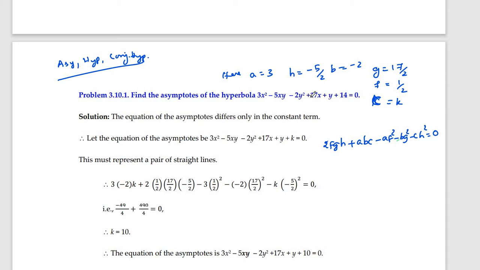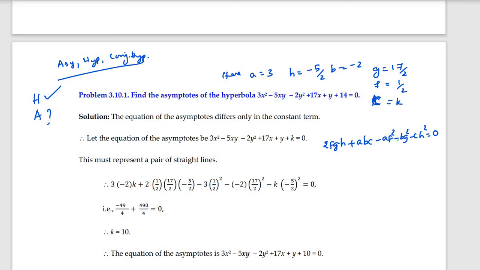So you know that a hyperbola differs from its asymptotes only by a constant. So we will write the required asymptotes of the hyperbola. First be clear what is given to you and what is to be obtained. Here you are given the hyperbola, you are asked to find the asymptotes. This is given, this is to be determined.